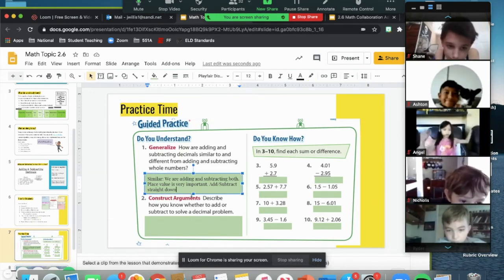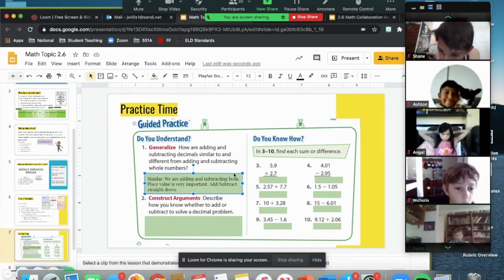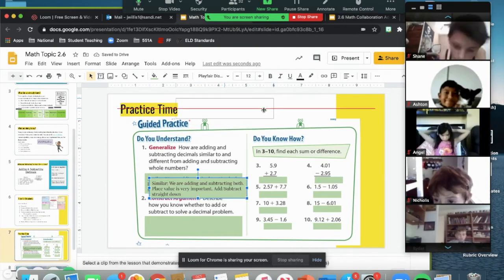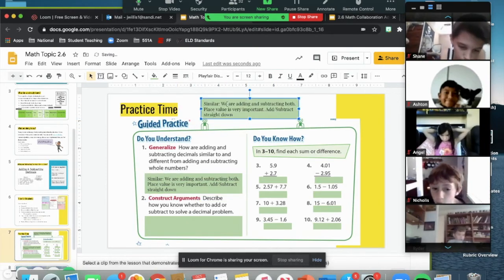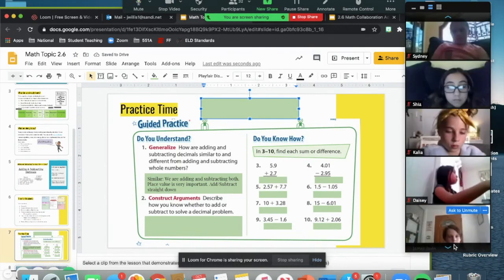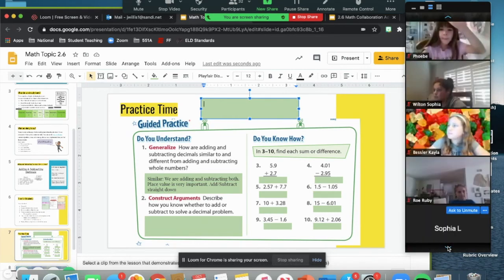How are they different though? I'm going to just move the text box up here so that we can have room. How are decimals and whole numbers different when we're solving for it? What do we need to do that's different? Phoebe, how is it different?